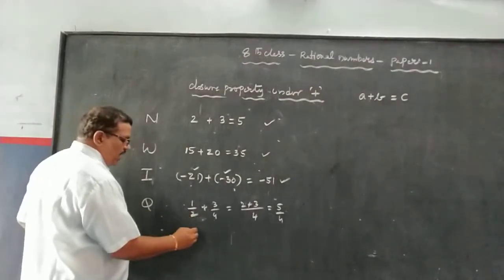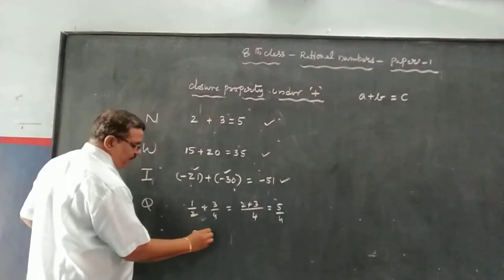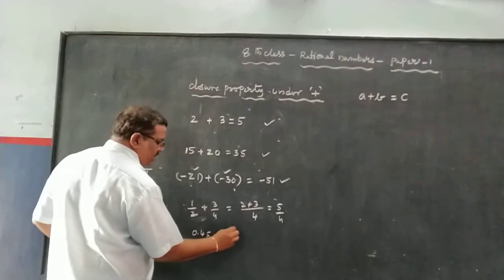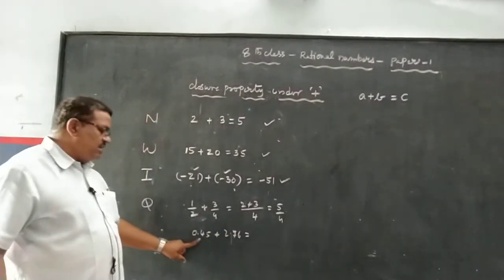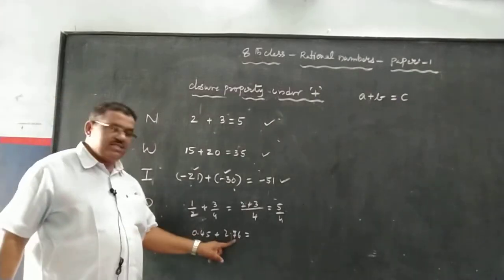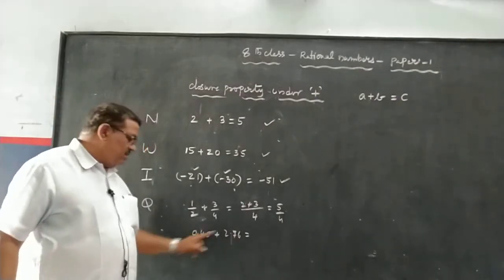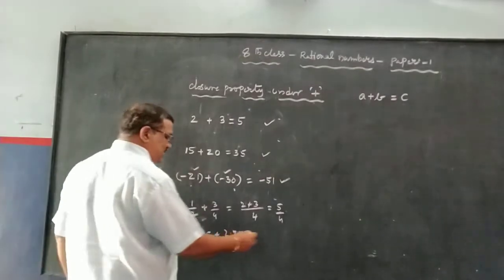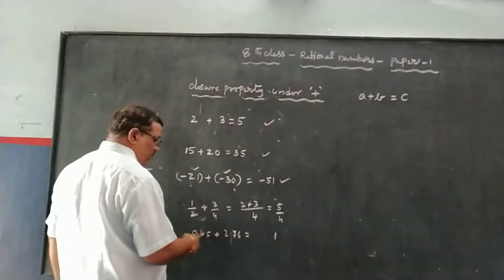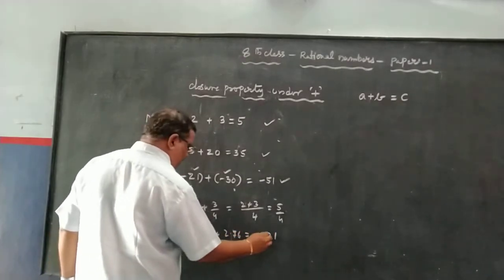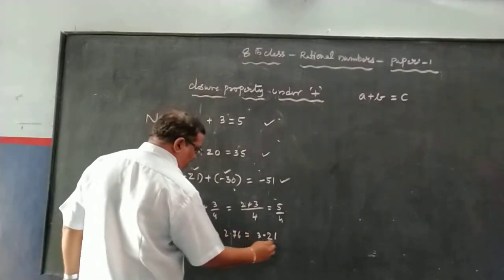On the other hand, I take 0.45 and 2.76. Just add both numbers. This is the decimal form of a rational number, and this is the second decimal form of a rational number. The sum of them: 5 plus 6 is 11, 1 plus 7 is 8, 8 plus 4 is 12, and it is 3, so 3.21.